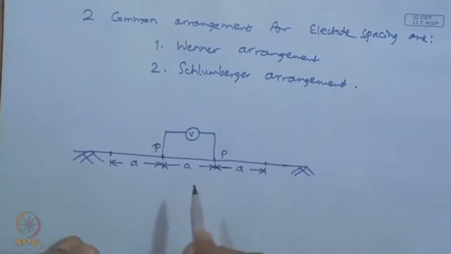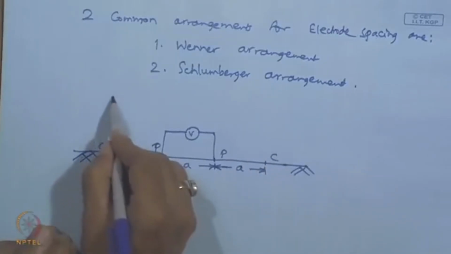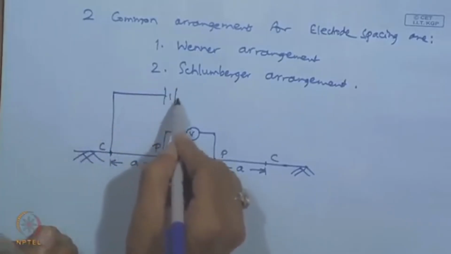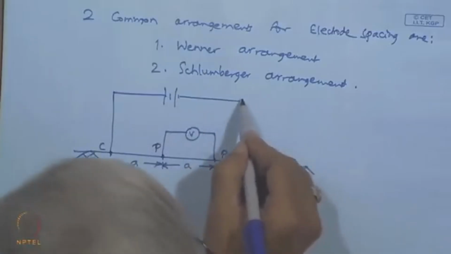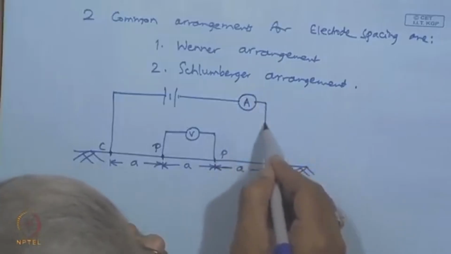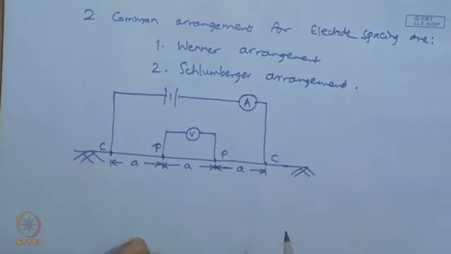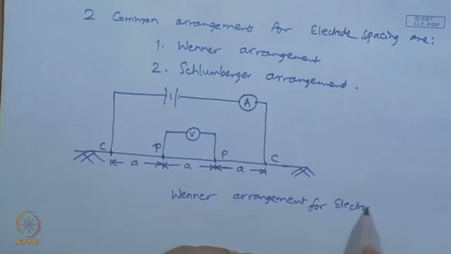There are two current electrodes, the left current electrode and the right current electrode. There will be a battery source followed by an ammeter to measure the current, and this is the Wenner arrangement for electrode spacing.